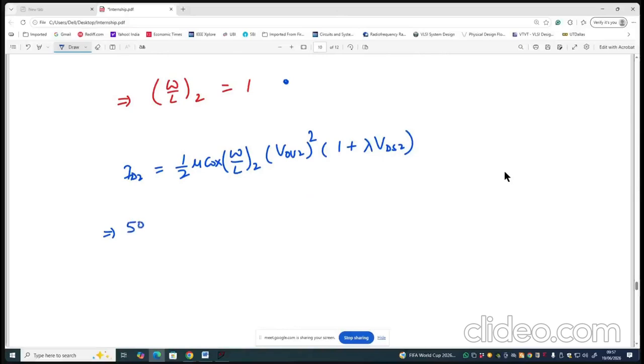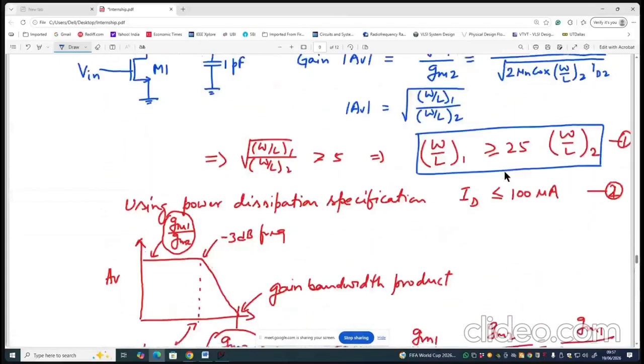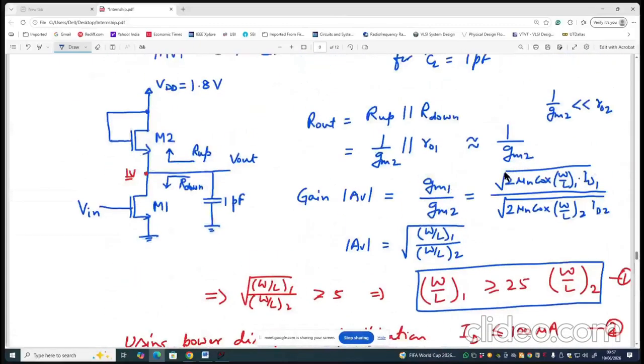So we will again write 50 into 10 to the power minus 6 is equal to half into 150 into 10 to the power minus 6 into W upon L2 into VOV2. What will be VOV2?